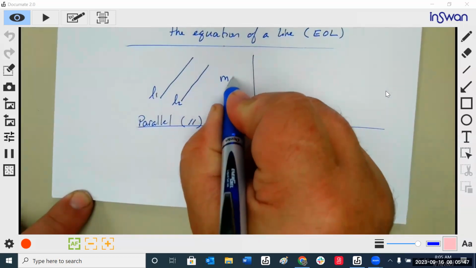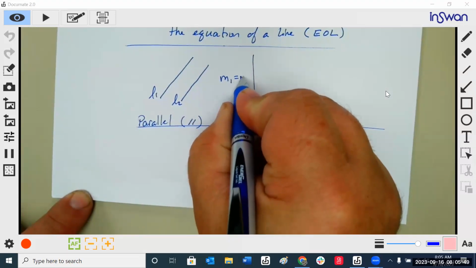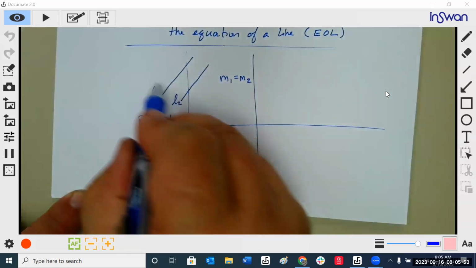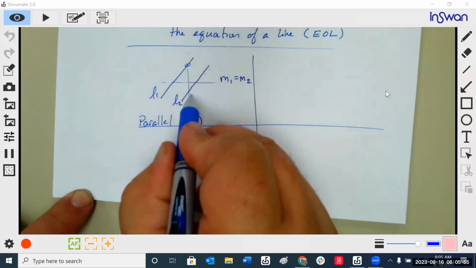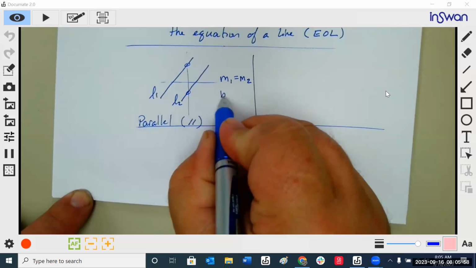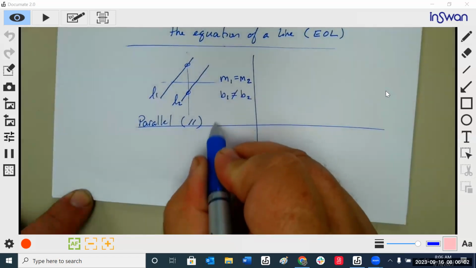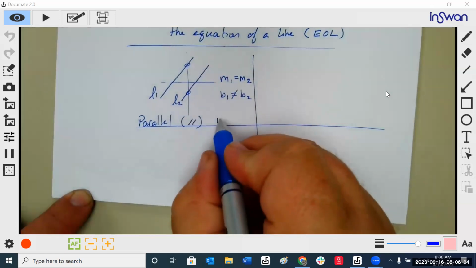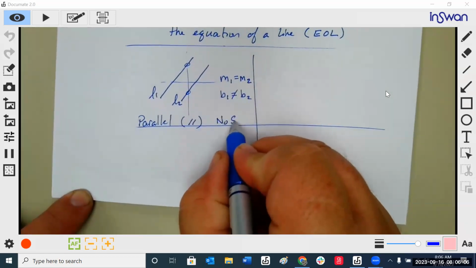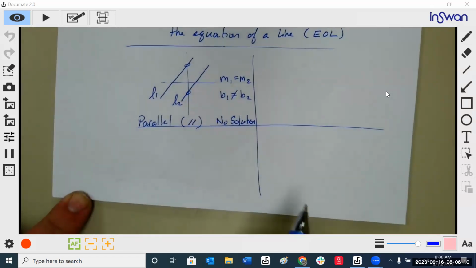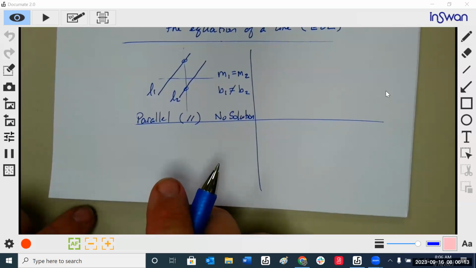The slopes are the same, but their y-intercepts are different. They're not equal. So therefore, since the 2 lines don't cross, you have no solutions. A solution is where the 2 lines intersect.